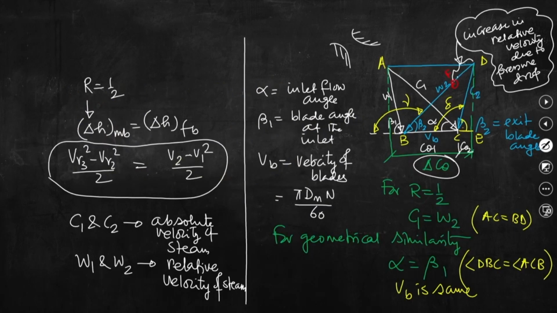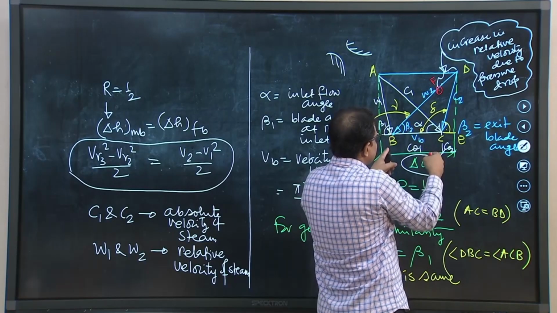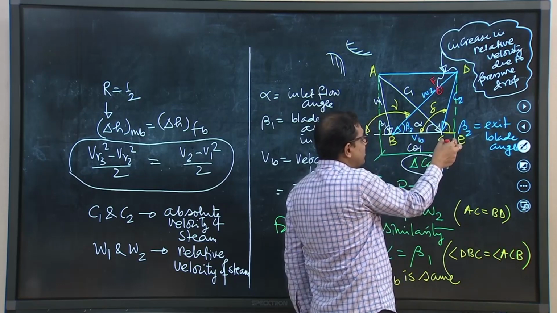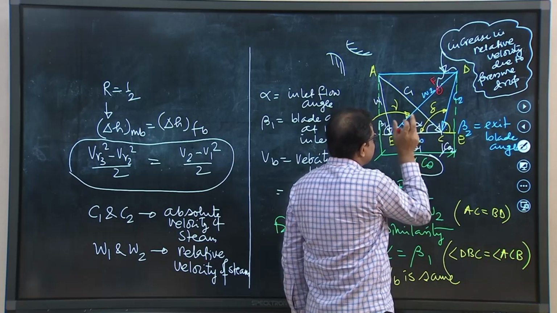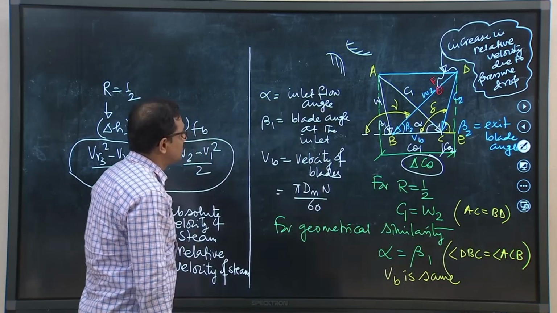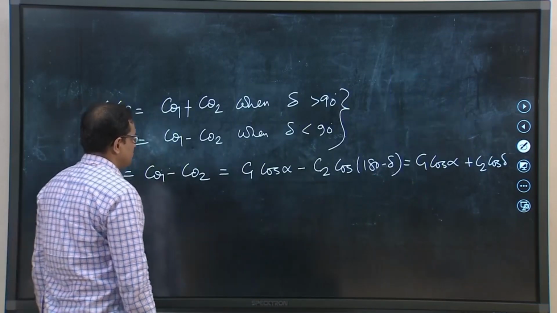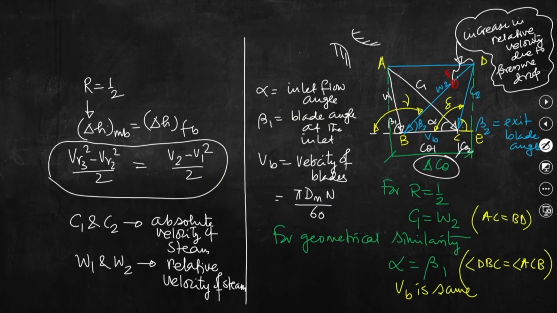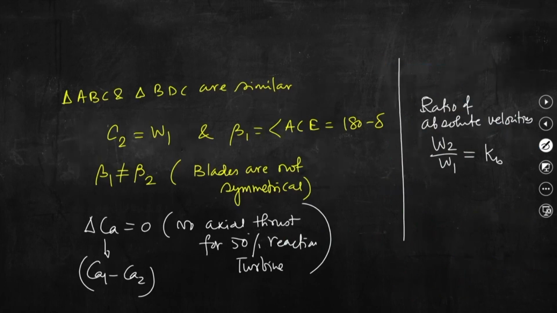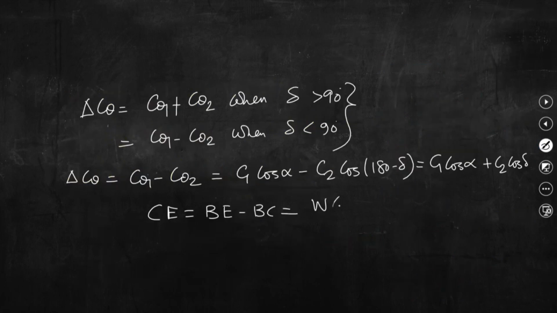again we can write, that is equal to W 2 cos beta 2 minus V B. So, this small component C E equal to B E minus B C, that we can see from this particular figure, and B E equal to W 2 cos beta 2 minus V B. So, this is W 2 cos beta 2 minus V B, right.